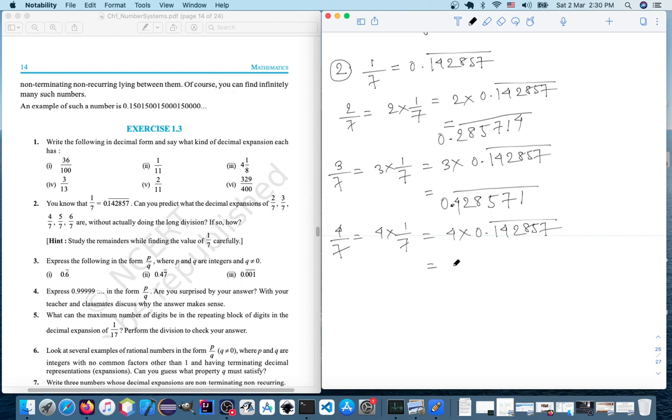We simply multiply 0.142857 with 4, and we get 28, 20, 22, 32, 34, 48, 11, 16, 17, 5.